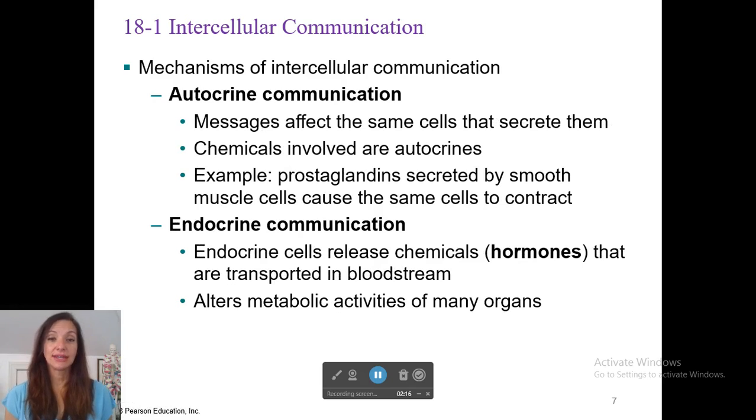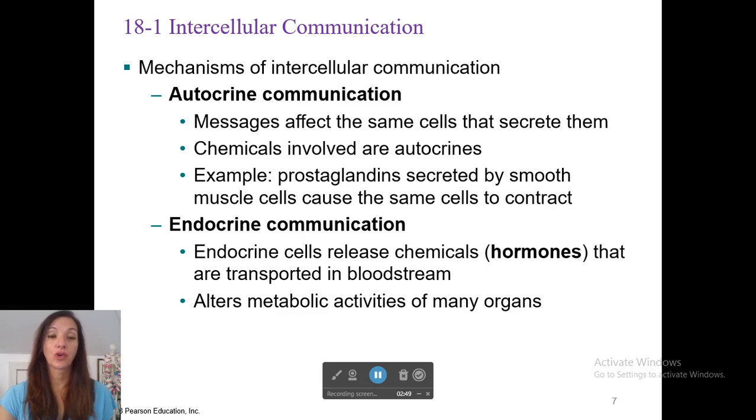Autocrine communication occurs when cells secrete the chemicals, and they also have a local effect on the tissue that they're being released from. Example being prostaglandins that are secreted by smooth muscle and cause those other cells to contract within that smooth muscle.